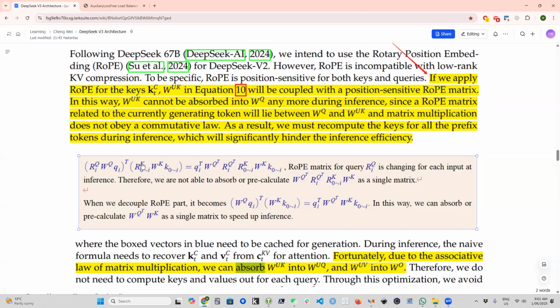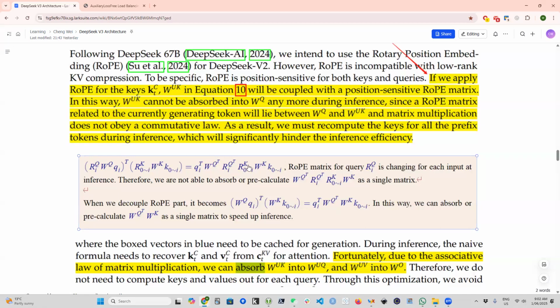If the current i is at position 4, the key cache will have the previous 3 words, then the current one is put into the cache. So this part keeps changing. The first time it is at position 0, the second time it becomes the second position. So if we multiply together, this part keeps changing, and we will not be able to absorb this whole thing.